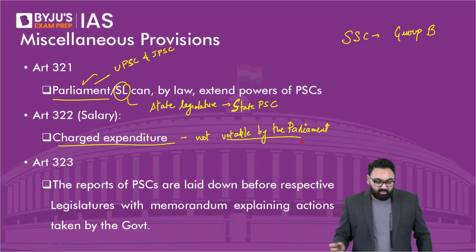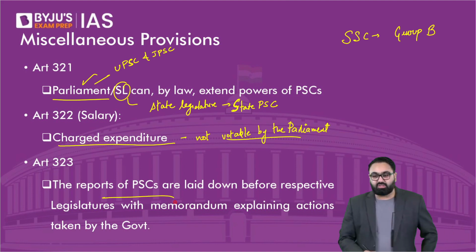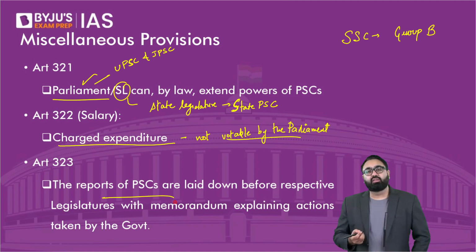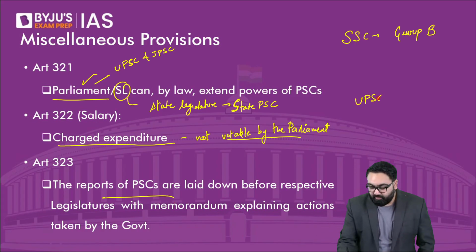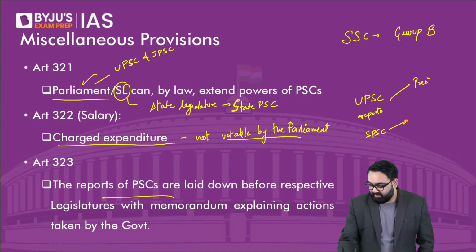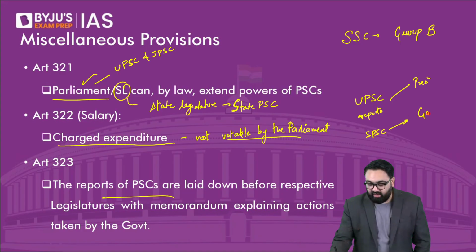Then, similarly, they also prepare the reports, as we have been saying with all the other government bodies, preparation of annual reports. So UPSC, their reports are submitted to the President of India. State PCS, they submit their reports to the governor. JPSC submit the reports to all the governors for which it is working.